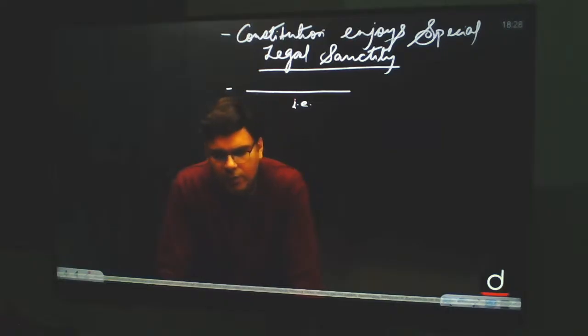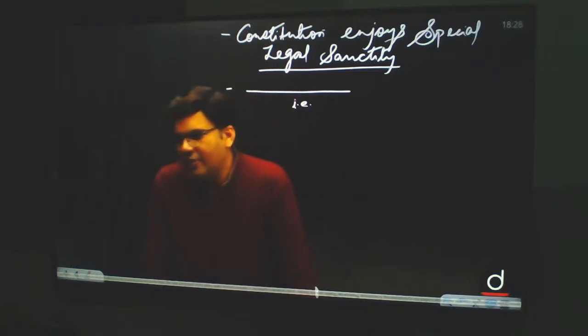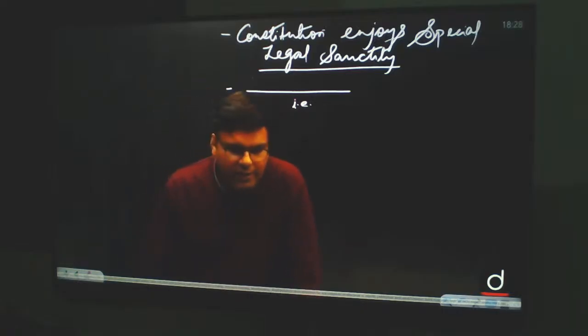Full stop. So they have legal sanctity. But क्या नहीं है इनके पास? Special legal sanctity. They have legal sanctity but not special legal sanctity.